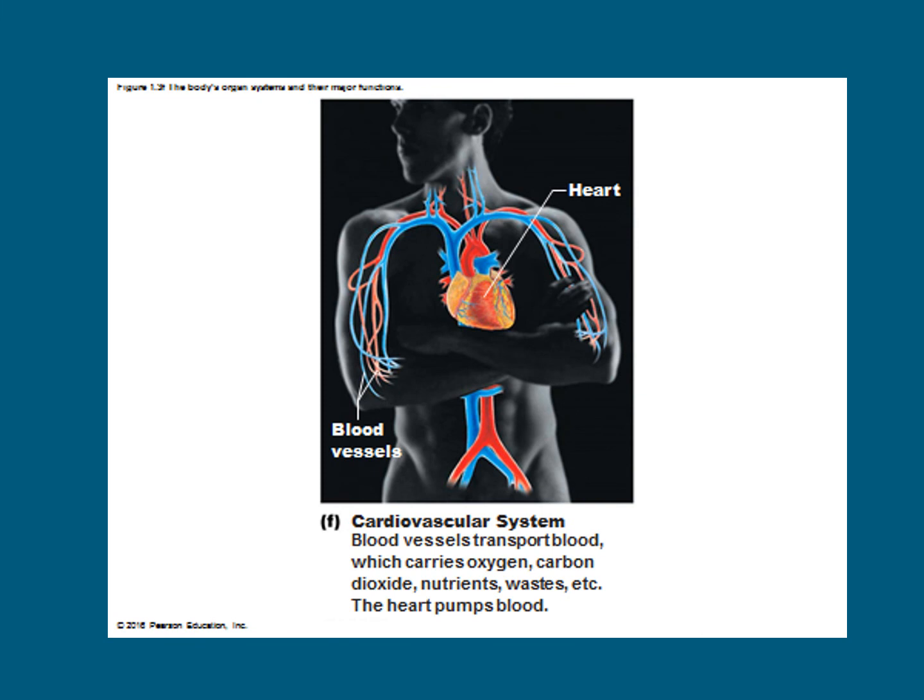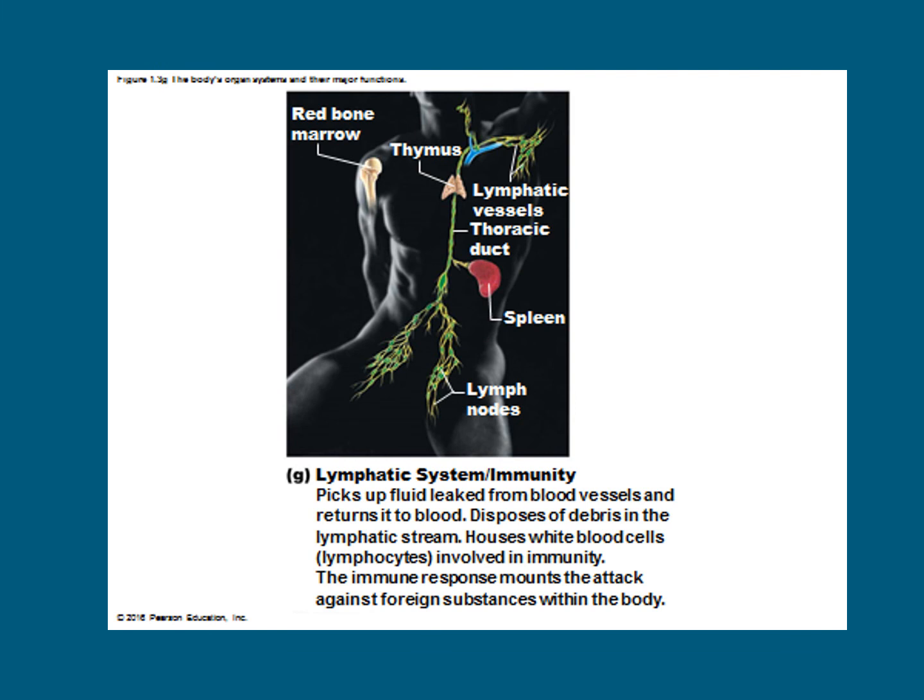Cardiovascular system, this is your heart and your blood vessels. It's a transport system. It transports gases such as carbon dioxide and oxygen, nutrients, and it also transports waste. It transports hormones. Your lymphatic system is involved with your immunity. It helps to bring fluids that have leaked out of the cardiovascular system.